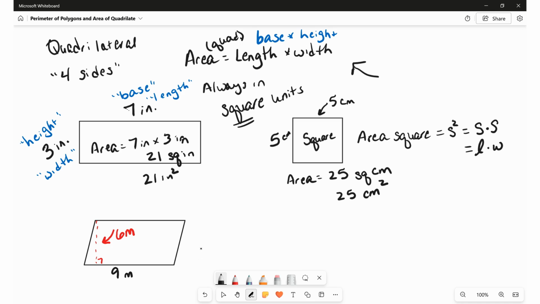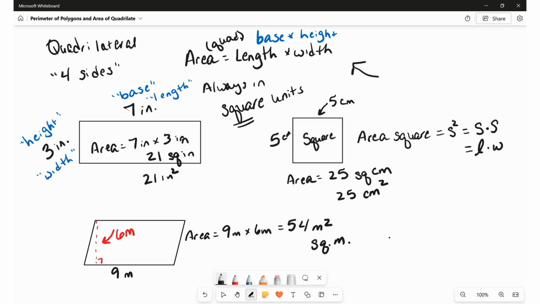Well, now you have the same formula. Area is length times width, or base times height. 9 meters times 6 meters. And we would say that that is 54 meters squared. Or you might say square meters. Either way, I think Pearson is primarily going to have it as meters squared.